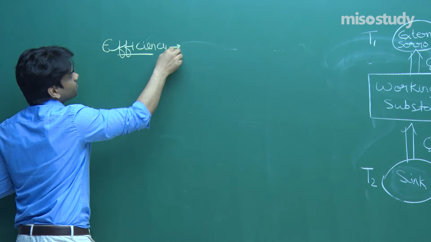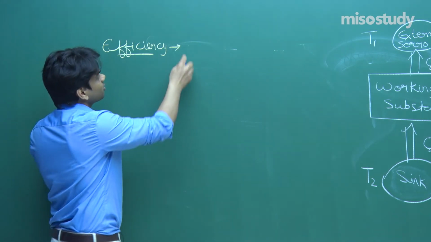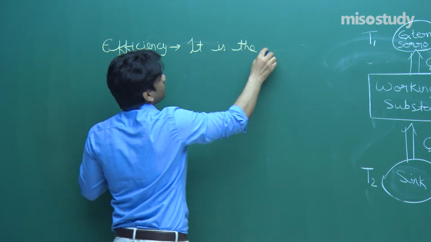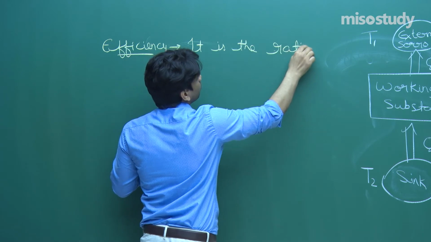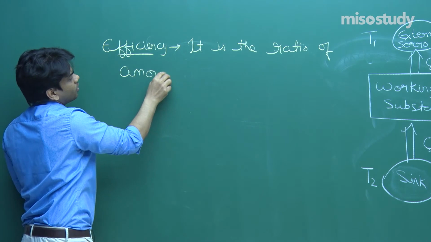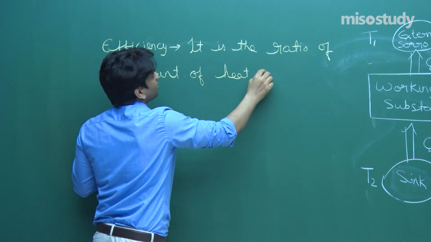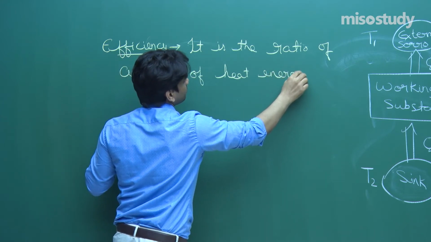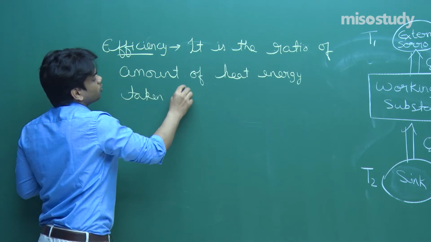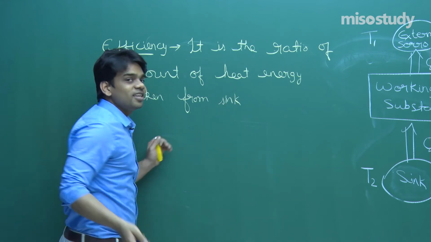Efficiency, we talk about, is the ratio of the amount of heat energy extracted or taken away from the sink with respect to the work done on the refrigerator.